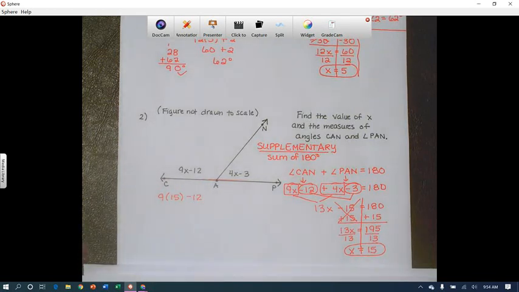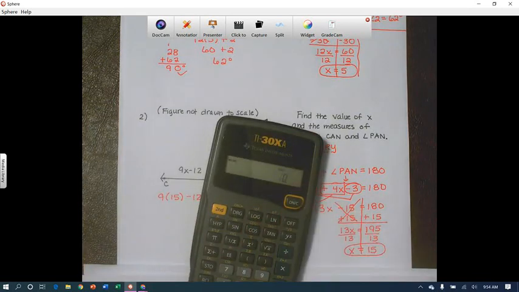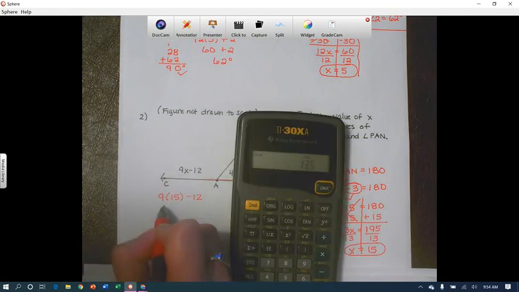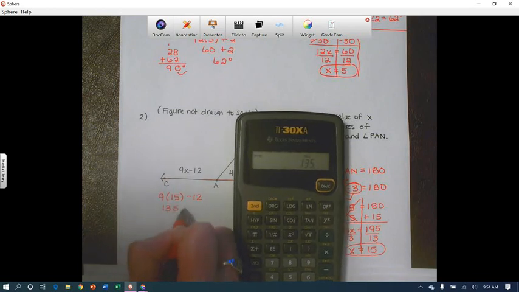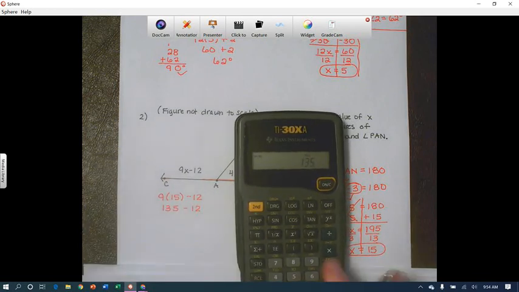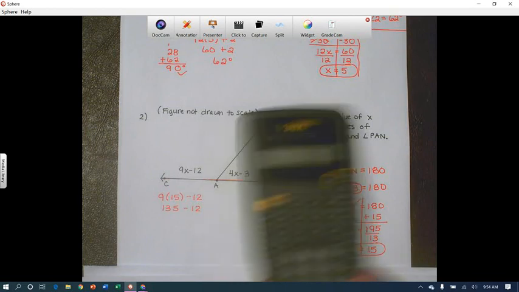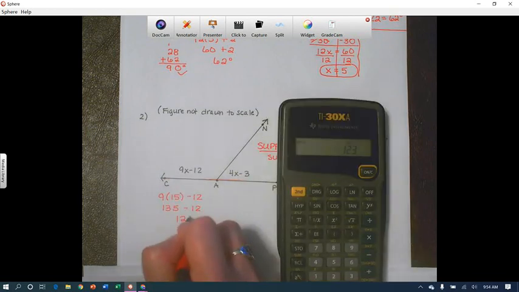So let's see. 9 times 15. Oops. 9 times 15 is definitely not that. 135. And 135 minus 12 is 123 degrees.